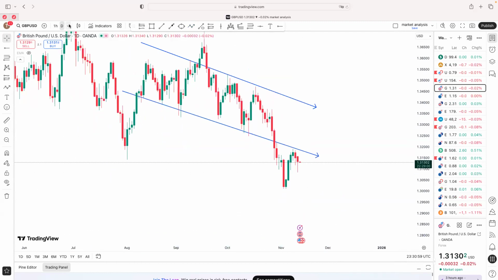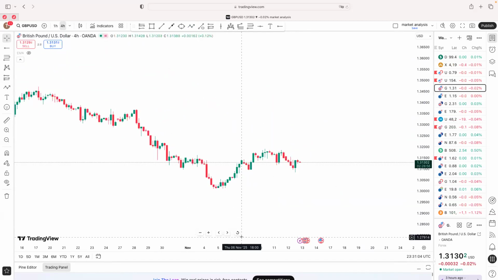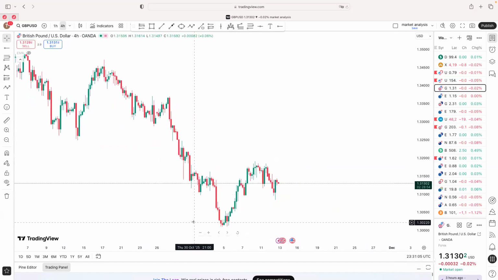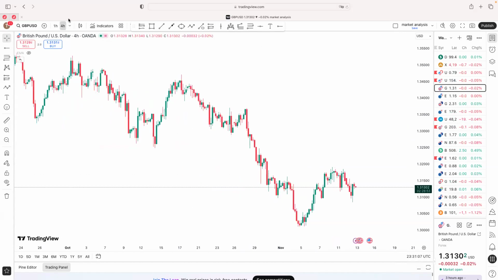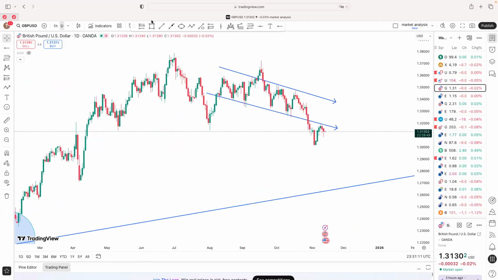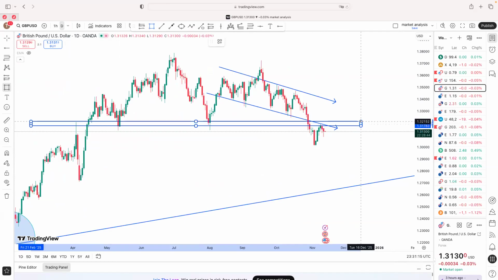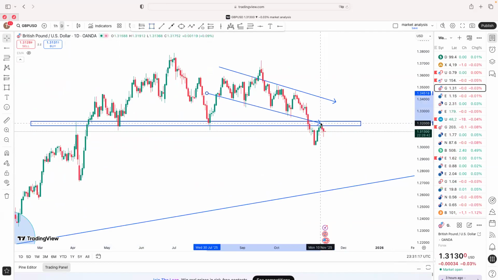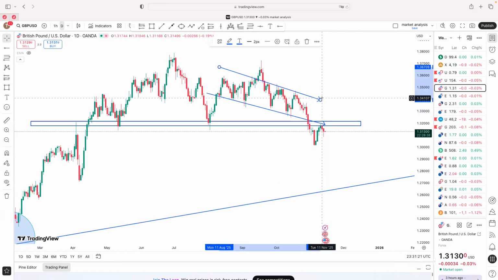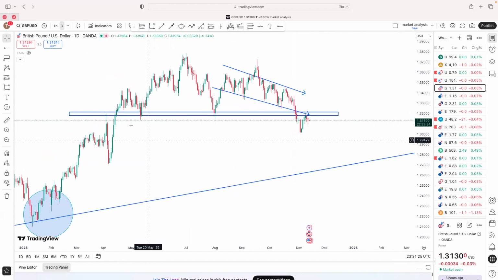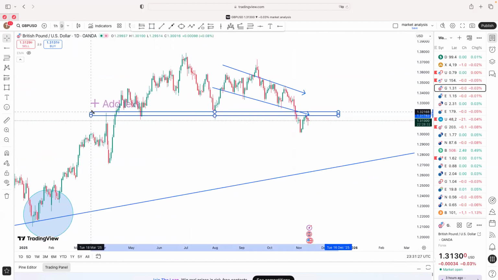Let's move into H4. When we get to H4, let me mark that area of interest from the daily time frame. This is the area of interest.